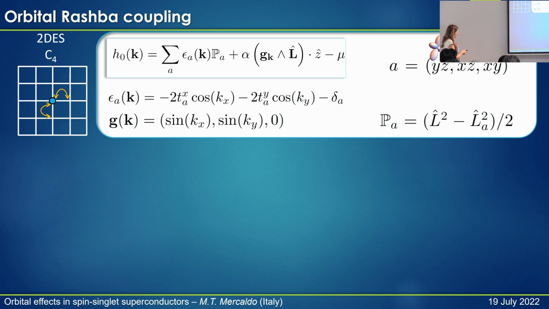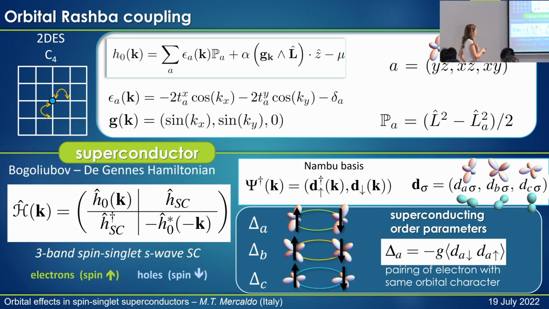Okay, so let's go on, and let's write some Hamiltonian. Considering a square lattice, we can write the Hamiltonian for the normal system in this form, for example, and this is the orbital Rashba term. And what about superconductors? Actually, we are not considering the spin. Spin is mute in this part of the Hamiltonian. So we can simply have a Nambu basis written in this term.